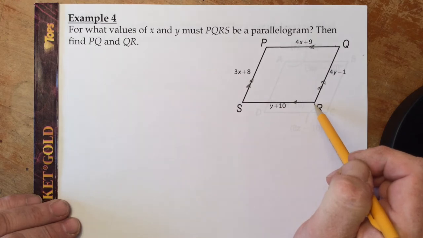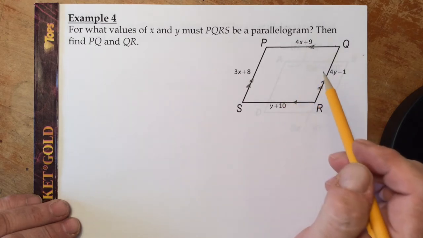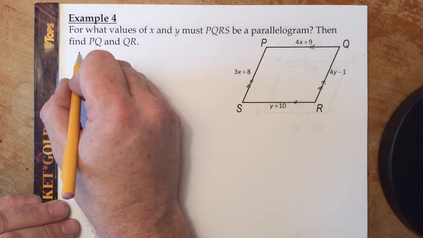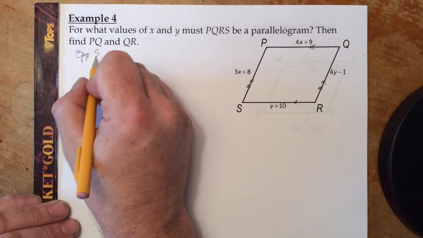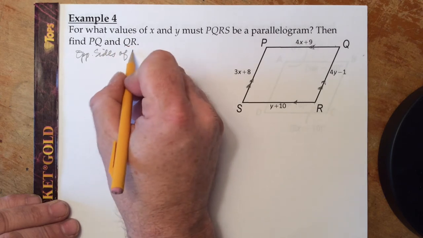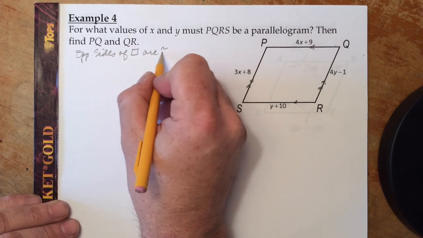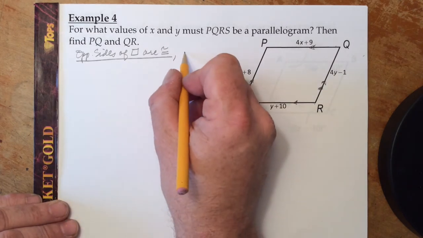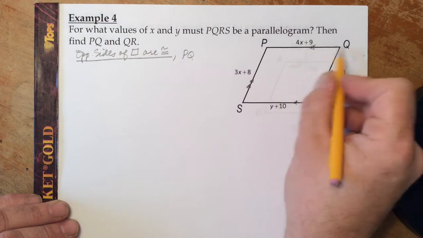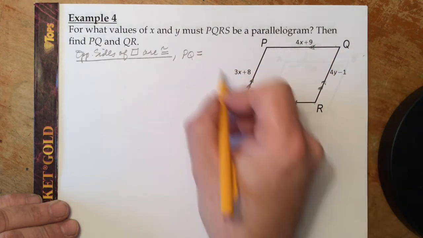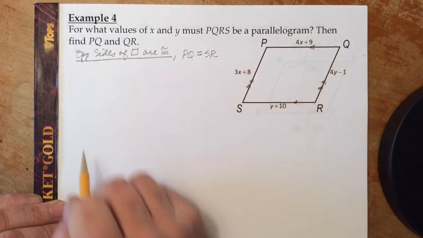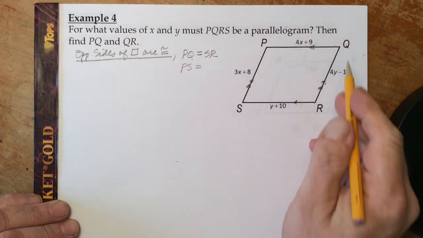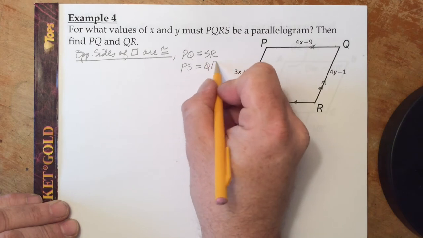So not only are opposite sides of a parallelogram parallel by definition, they're also congruent. So opposite sides of a parallelogram are congruent. Using that property, we can say that PQ is equal to the length of SR, and we can also say that PS is equal to the length of QR.